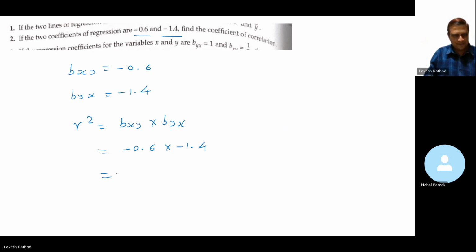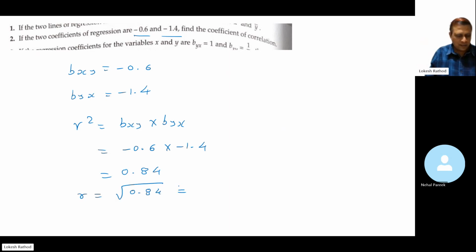What do we get? 0.84. Yeah, and then the final answer I'm getting is root 21 over 5. What is the square root of 0.84?